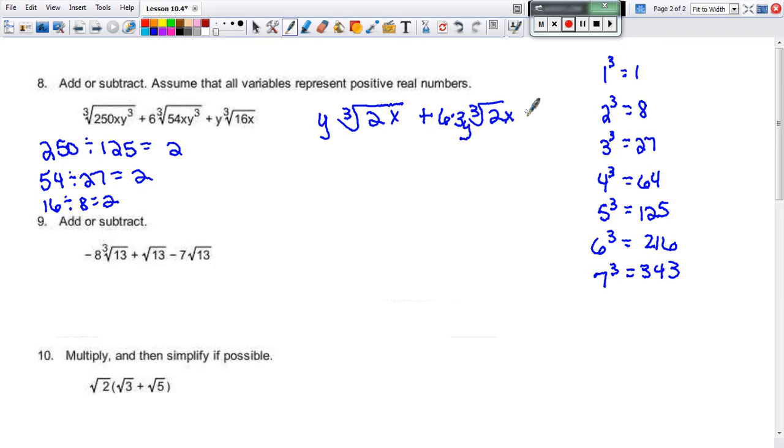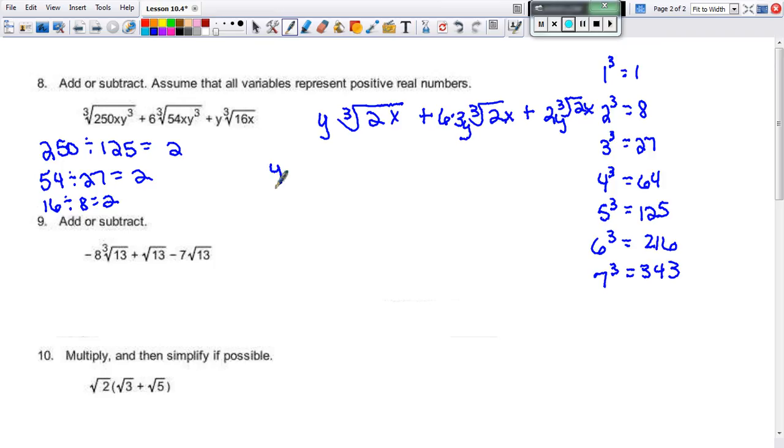Okay, plus cubed root of 16. Okay, I've got the cubed root of 2, and I have an x, and then I already had a y outside. 8, 2. So the 8 worked, so I have to use the 2 outside, and I already had a y outside. Sorry, everything's crammed together.